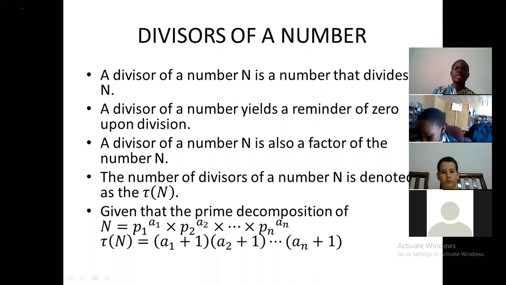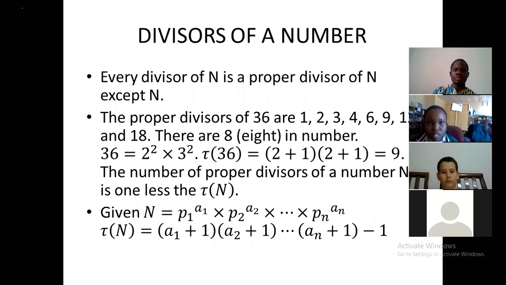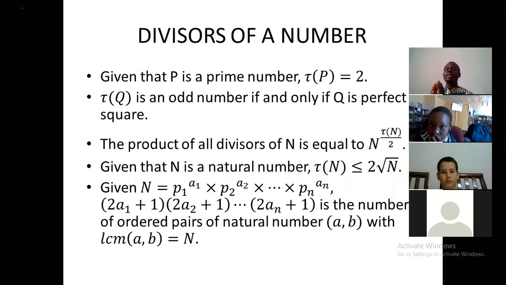Now, the next thing we established was that given a prime number, the tau of a prime number will always be 2. So you could be asking an inductive question. These things come out in some Olympiad problems. As in, they say, given that tau of a number is equal to 2, what is the number?